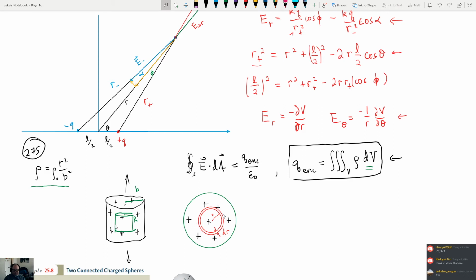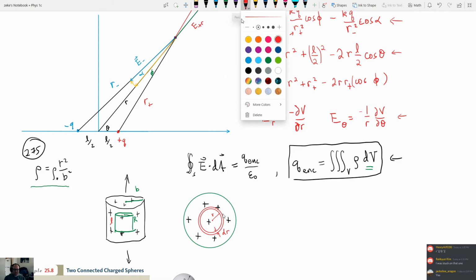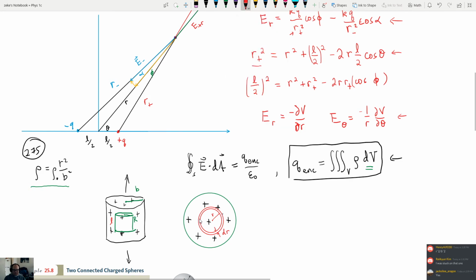The length is basically the length of the cylinder here. We can't see it, but it's in the picture here, right? Then this little tube that we've cut out here is going to be our dv. Just to indicate that: that's dv.